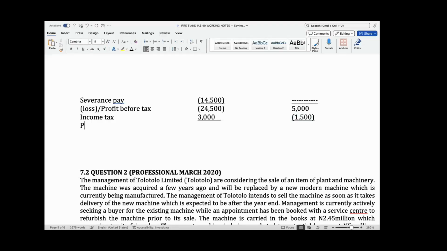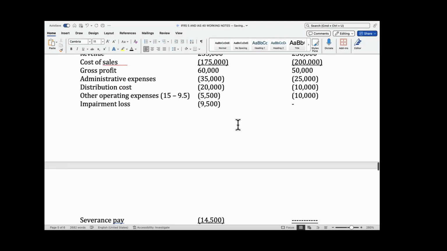So the 24,000 loss, net it off against the credit, it reduces our loss to 21,500. And this is 3,500.